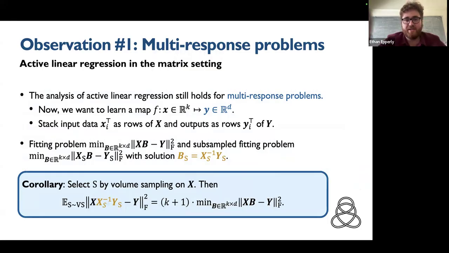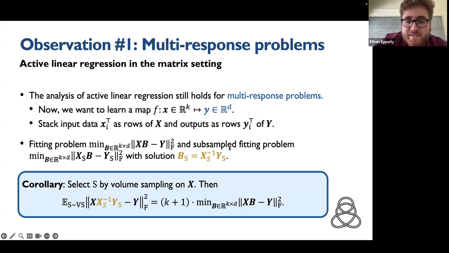So let me connect these two facts for you by making two observations. The first is a little bit of a boring technical observation. It's just that this idea of volume sampling continues to hold for multi-response linear regression problems. If I instead want to learn a map from points x in R^k to vector-valued outputs y in R^d, then if I package the x_i transpose as rows of X and the y_i transpose as rows of now a matrix Y, we can again have a least squares fitting problem.